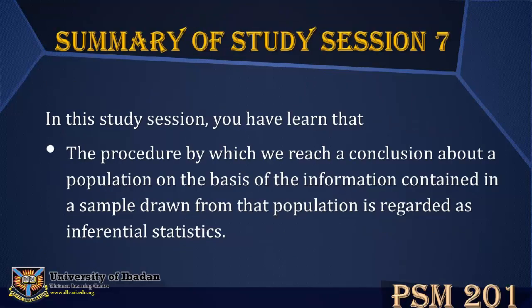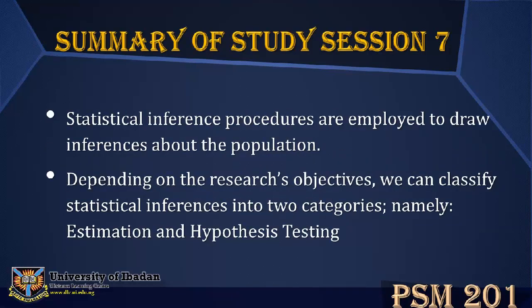Summary of study section 7. In this study section, you have learned that the procedure by which we reach a conclusion about a population on the basis of the information contained in a sample drawn from that population is regarded as inferential statistics. Statistical inference procedures are employed to draw inference about the population.